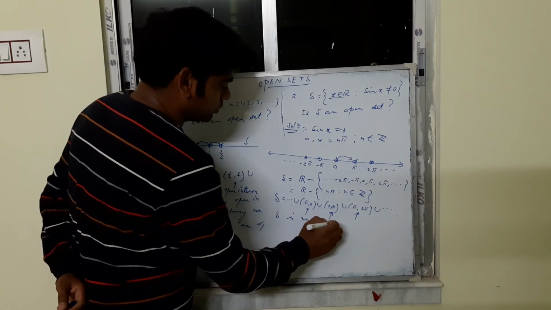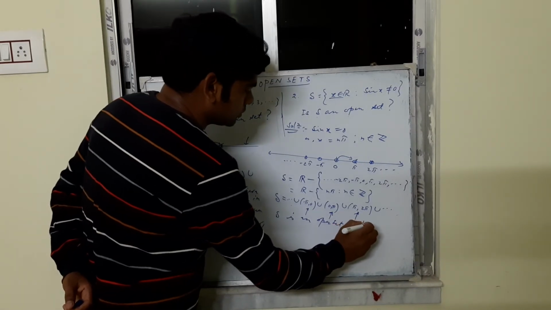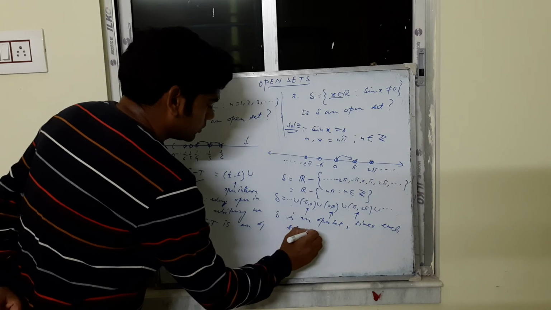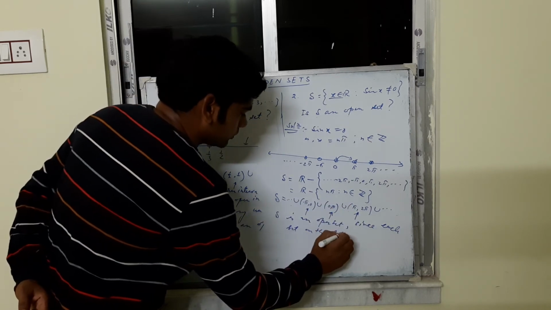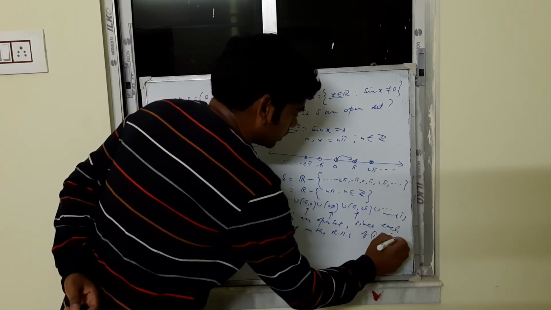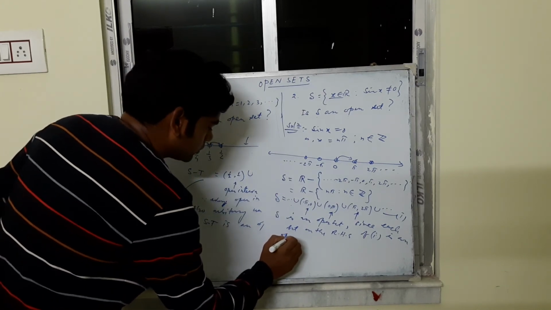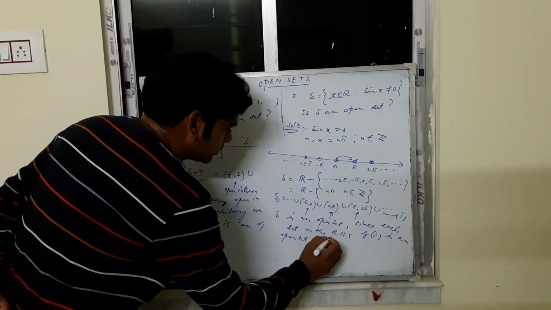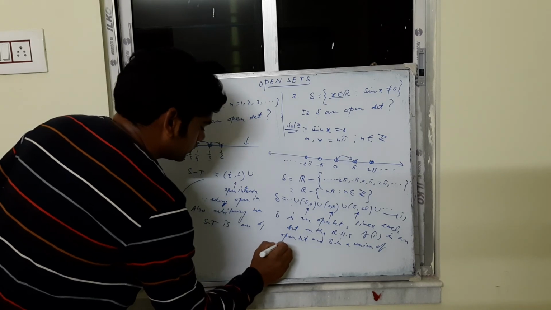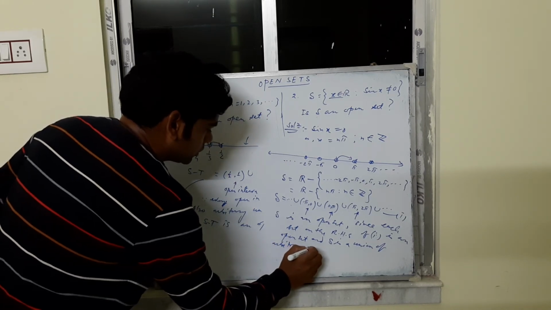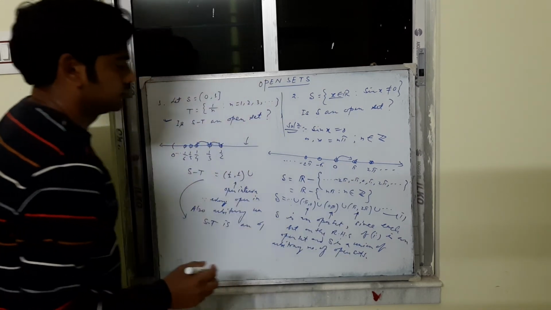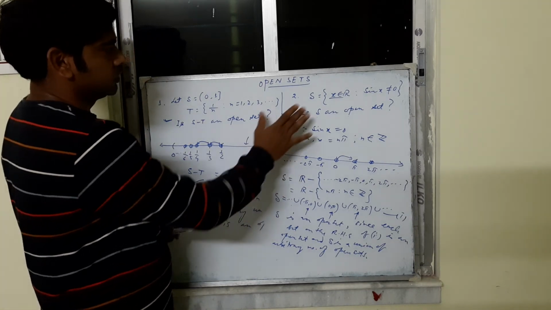S is an open set since each set on the right hand side is an open set, and S is a union of an arbitrary number of open sets. So S is an open set.